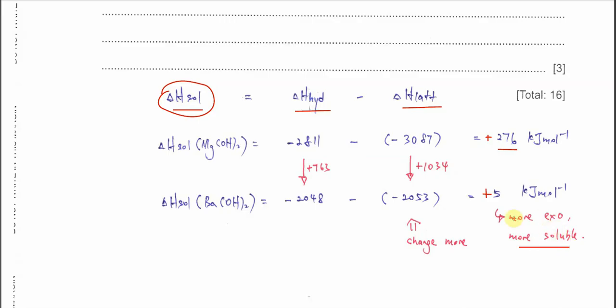So why is barium hydroxide more soluble? Because there is a change. As you can see, the hydration enthalpy becomes less exo going down the group.